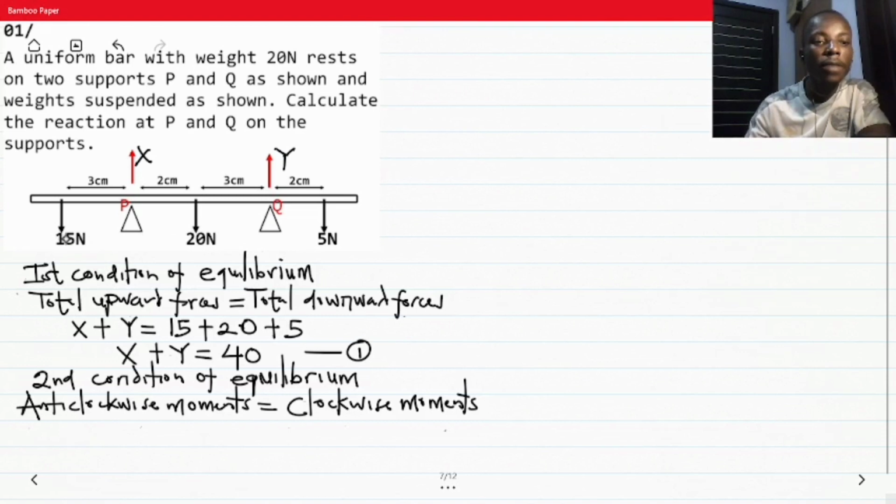Now we have 5 forces here: 1, 2, 3, 4, 5. Now we have 2 upward forces. We have 1, 2, 3. They are downward forces.